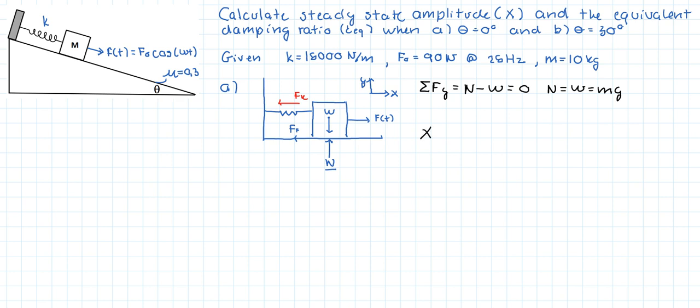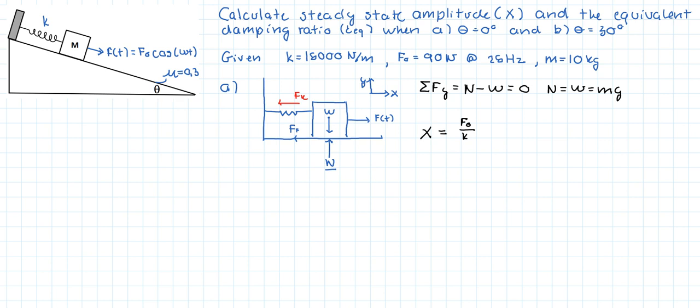Now, the expression for the steady state amplitude of a system where there is Coulomb friction is given by the following formula. You either find it in one of your textbooks or make your own cheat sheet. Here we're only concerned with solving the problems. In other videos, we're going to actually show where the formulas come from.